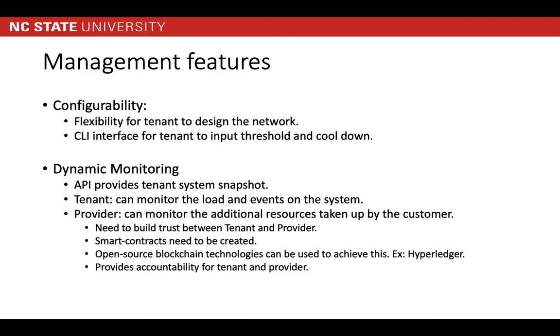This data can be used by the tenant himself to monitor the current load on his application and different events on the system, basically when he was scaled up or scaled down. The provider can also use this data to monitor the resource usage by each tenant, and charge them accordingly, maybe for billing purposes, and keep track of it. So basically, to provide accountability.